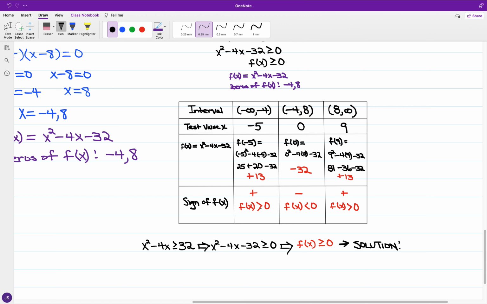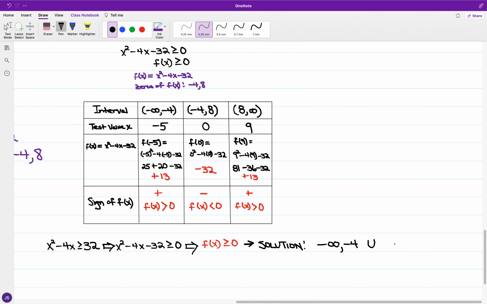From greater than 0, at the lower end, we have negative infinity and negative 4. And also we have those values of x between 8 and infinity. Again, I selected those values since we have the greater than portion represented.